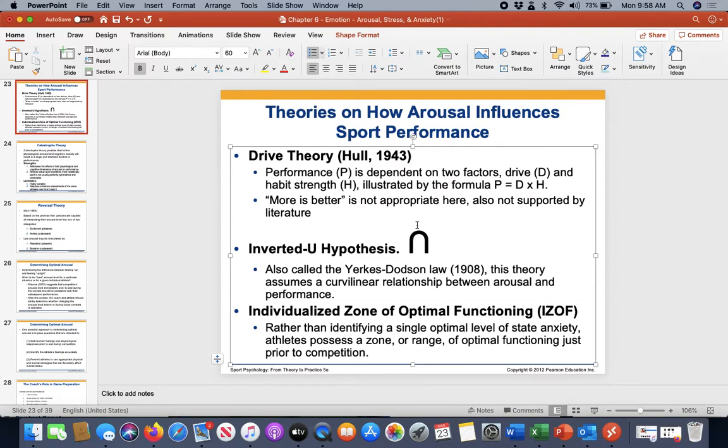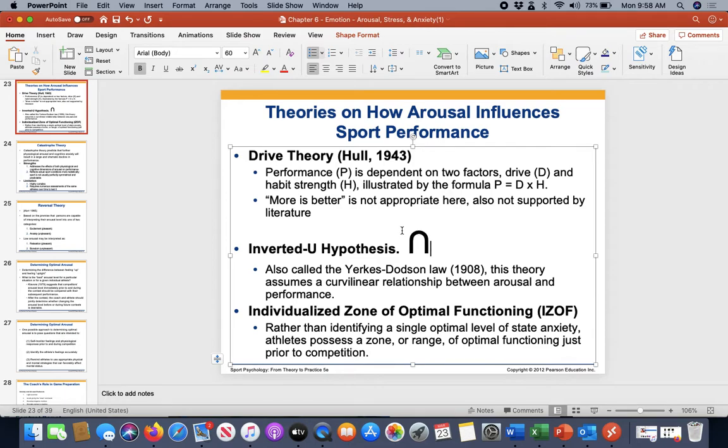Then you get to this point where you plateau. If you're following my cursor right here, right in the middle, that's what we call the optimal performance zone. We call it that because that's the peak. You've hit enough arousal, and it's going to show the highest level of performance because you're not making mental mistakes.